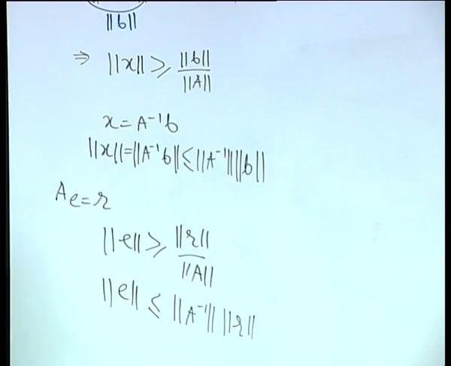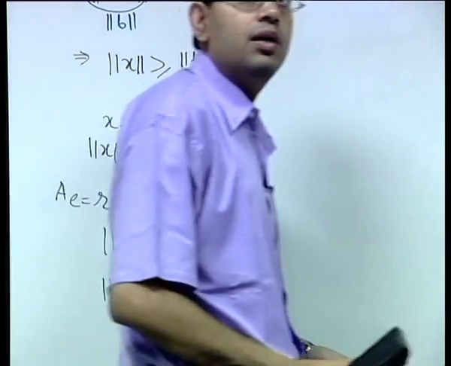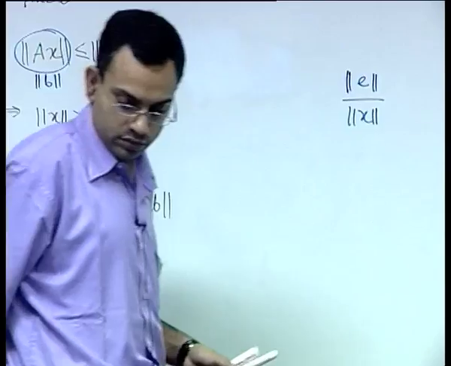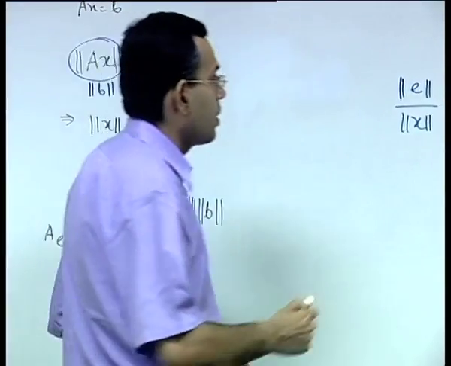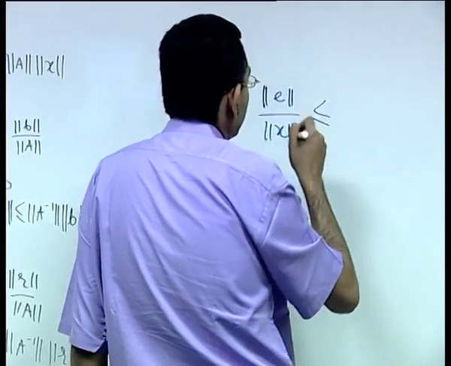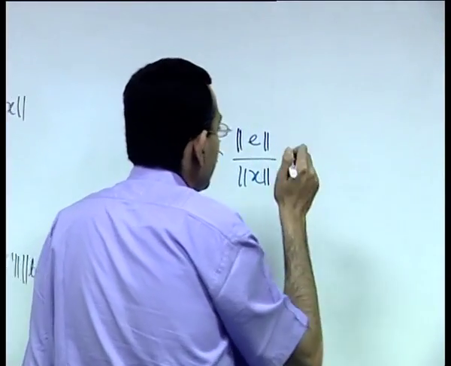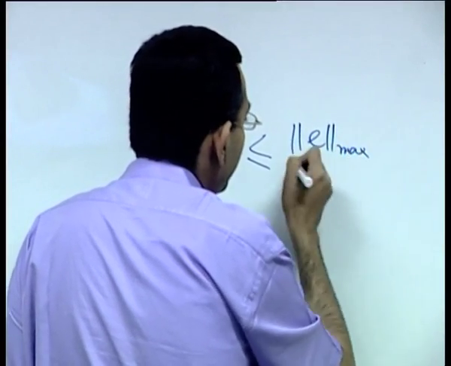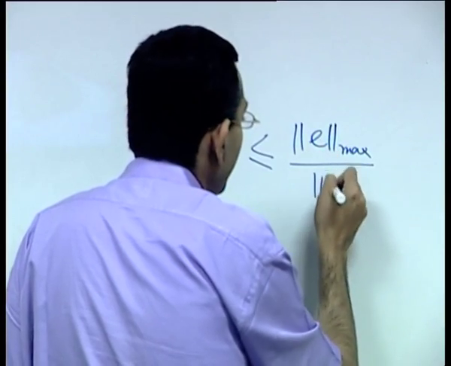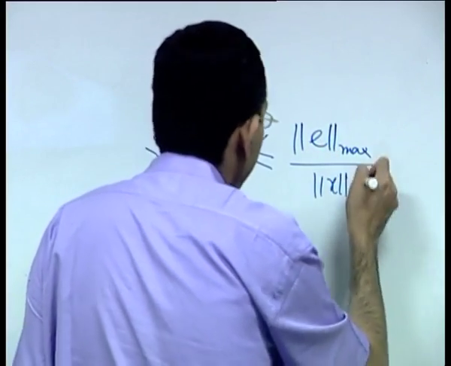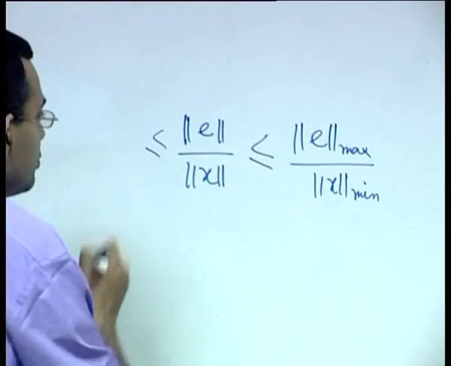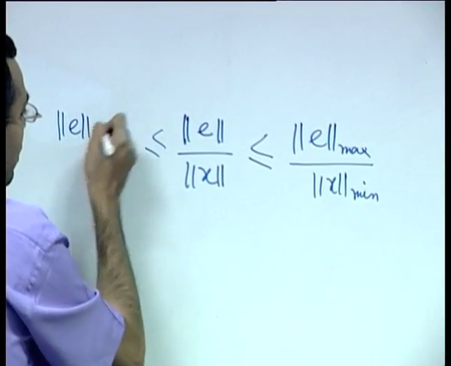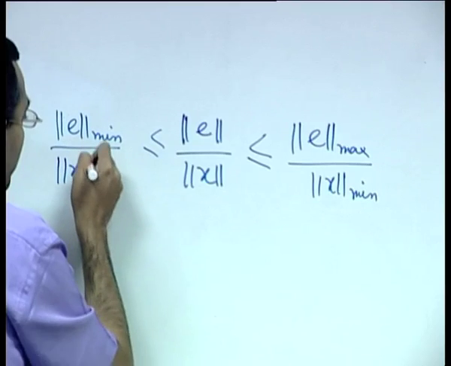Now, let us go into the bounds of norm of E by norm of x. So, norm of E by norm of x is less than or equal to max of norm of E by minimum of norm of x, and greater than or equal to minimum of norm of E by maximum of norm of x.